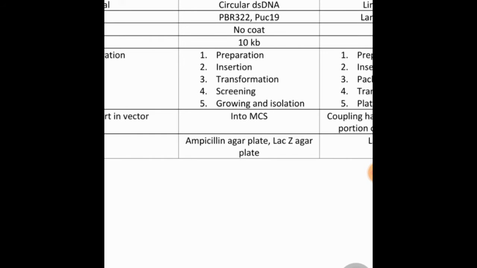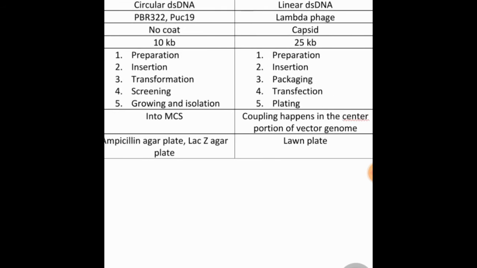I've made a simple table to differentiate between plasmid vector and lambda vector. For the origin, of course, plasmid vector is from bacteria and lambda vector is from bacteriophage. As for the genetic material, plasmid vector has circular double-stranded DNA.